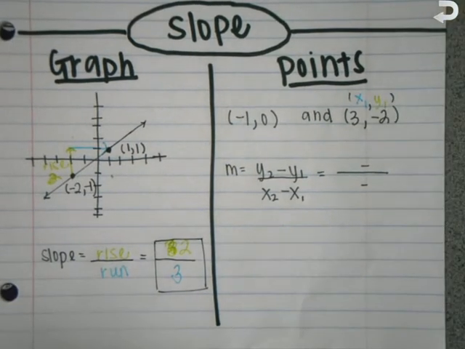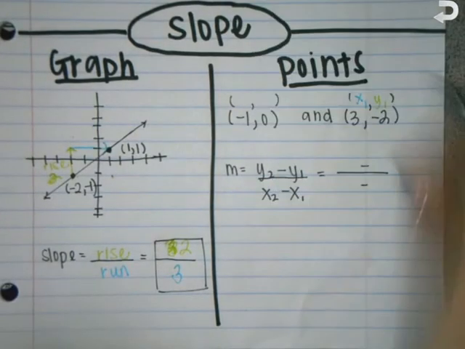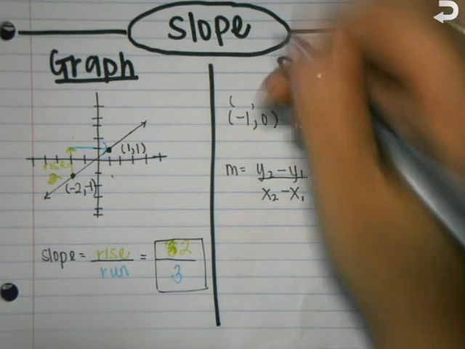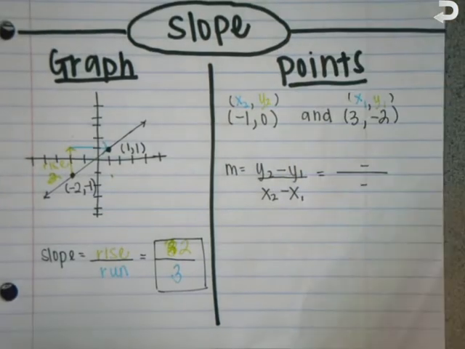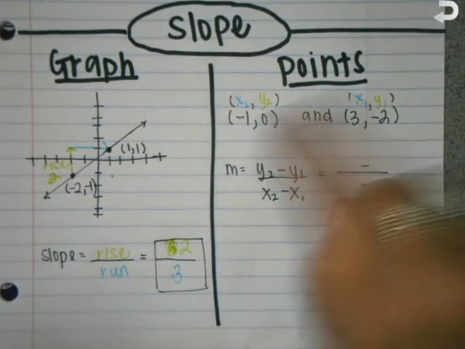You can choose whichever. If you chose -1, 0 as your first point, your answer is still going to come out the same. So that makes -1 x2, and that makes 0 y2. Okay? So the 1s mean that they are coming from the first point. The 2s mean that they're coming from the second point.